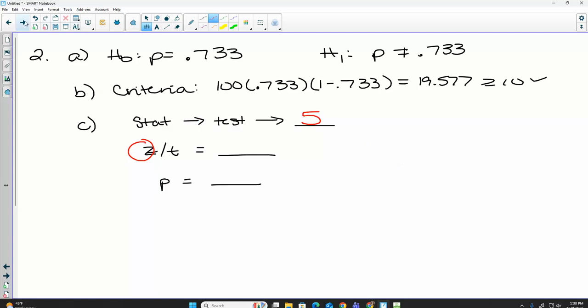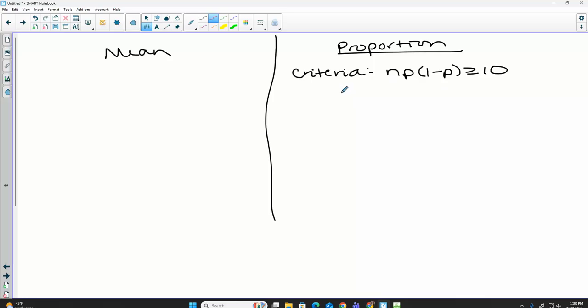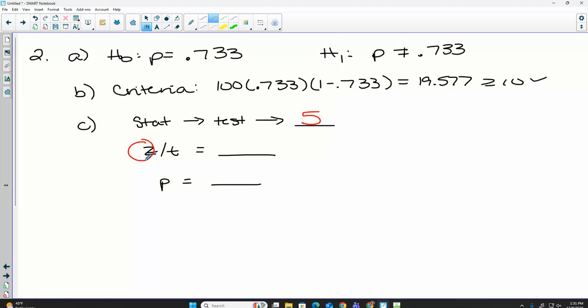Okay. So I'm trying to kind of organize our information here. Our Z test. All right. So we are having a Z value. Our P of our null is 0.733. The X, what is my X? 78.